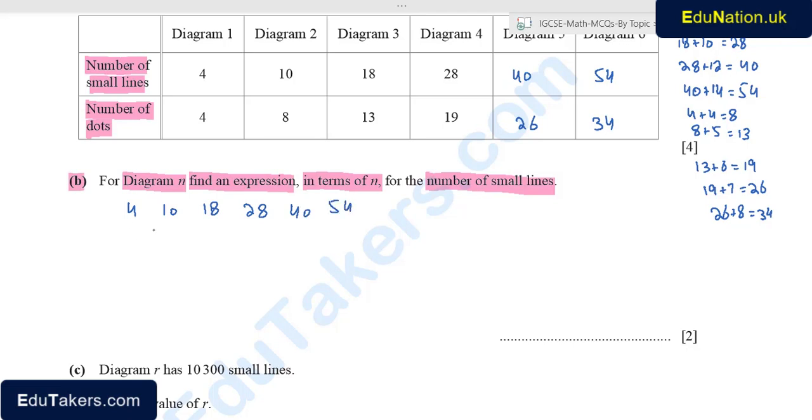The first order difference is 10 minus 4 is 6, 18 minus 10 is 8, 28 minus 18 is 10, this is 12, and this is 14. The second order difference is 2, 2, 2, 2.